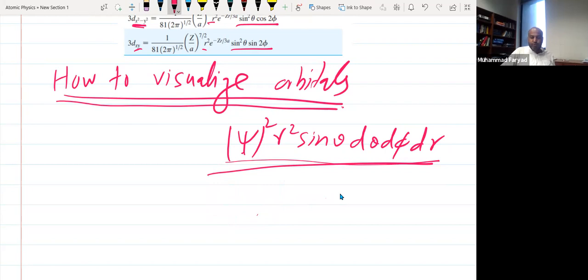So this psi mod square is now a combination of these Ylms, because we have added and subtracted the same and opposite sign m. So essentially we have to work with this function, psi mod square r² sinθ. And we see that this is a function of r, theta, and phi.